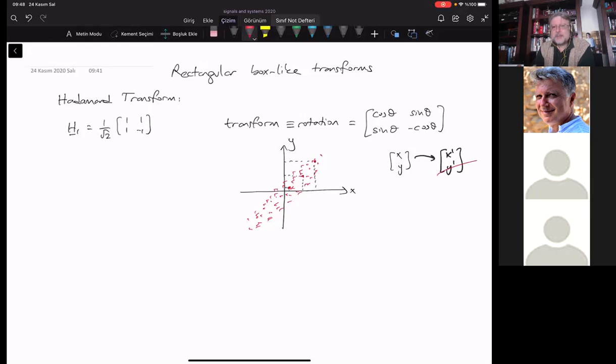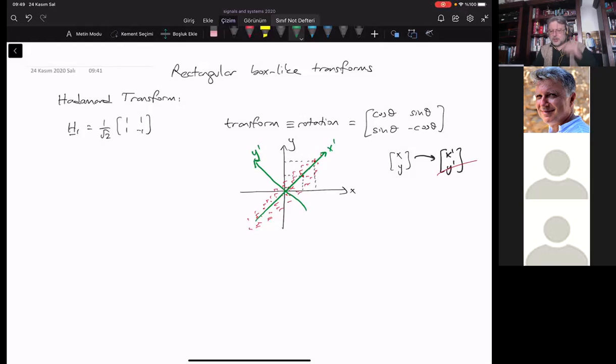Then what is the best rotation that we can have so that when we eliminate one of them, we get minimum amount of error? And that is exactly the 45 degrees rotation, like this. This would be x prime, this would be y prime.